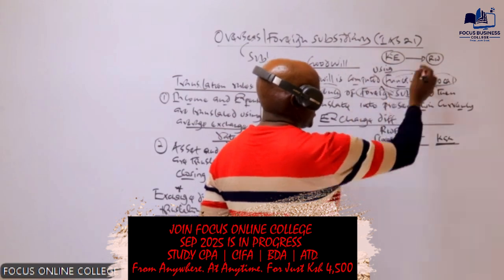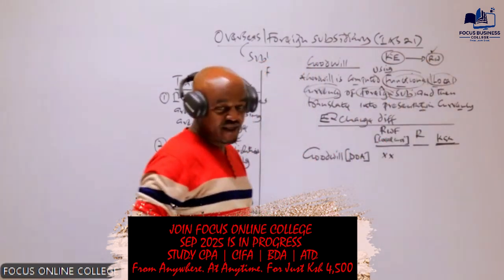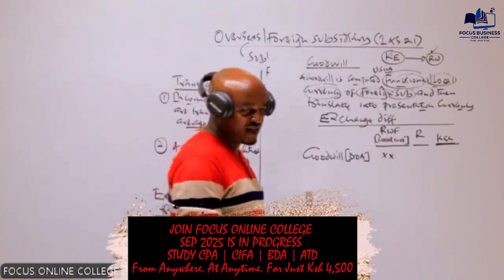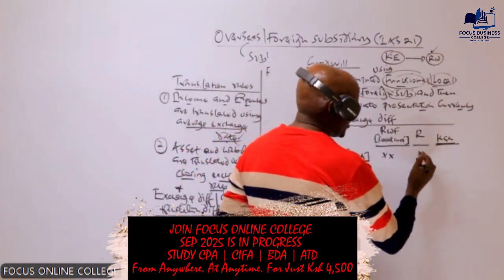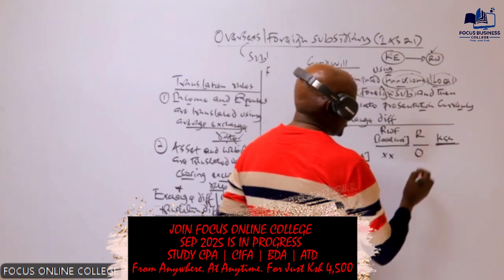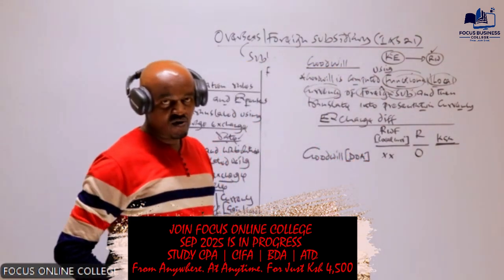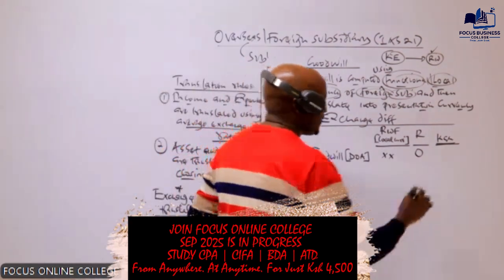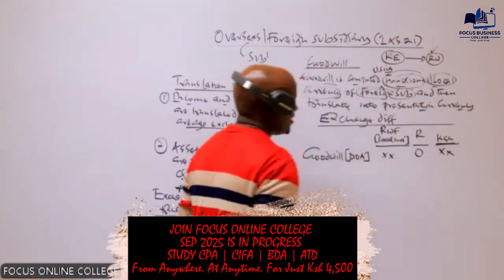If the subsidiary operates in Rwanda, we compute that goodwill using the Rwandan franc. Then we translate that into Kenyan shillings using which exchange rate? The opening exchange rate, the exchange rate at the start of the year. We get the value there.